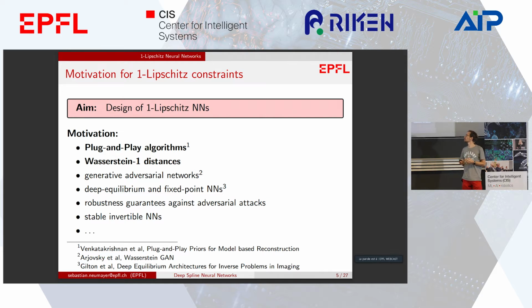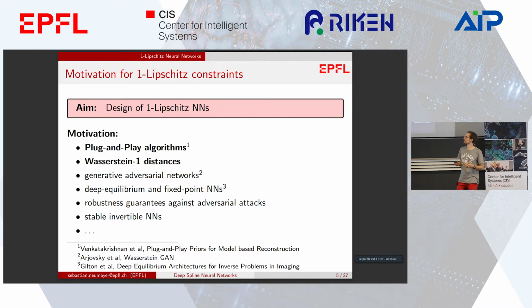Another thing you can do with one Lipschitz neural networks is the Wasserstein GAN, for example, where you take the dual formulation and then you need to optimize over one Lipschitz functions. You can parameterize them by a neural network, and then the network needs to be one Lipschitz.